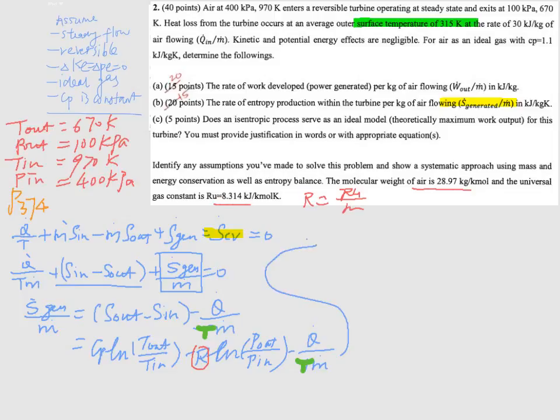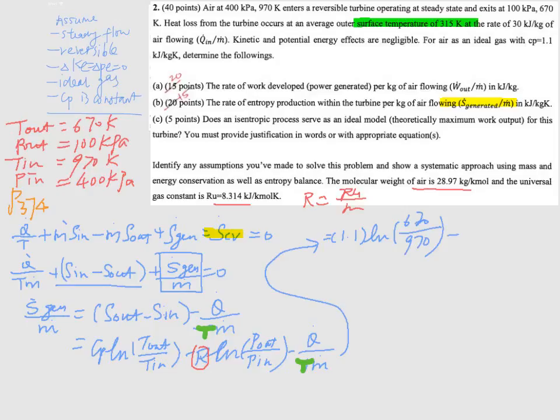So now let's do the math. CP we know is 1.1, times natural log T out over T in, that's 670 over 970.